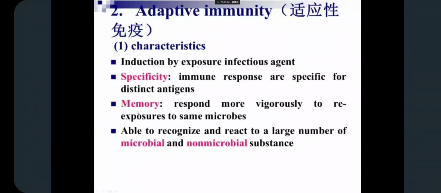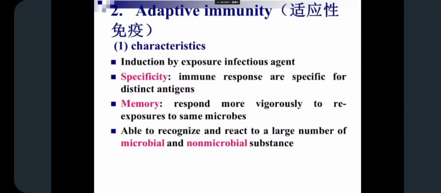And then it has memory. Okay, it can respond more vigorously to re-exposures to the same microbes, and it is able to recognize and react to a large number of microbial and non-microbial substances.